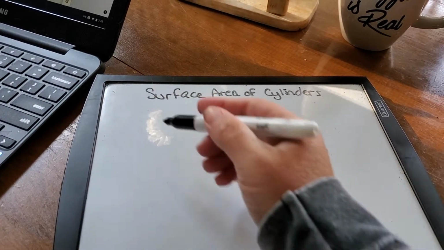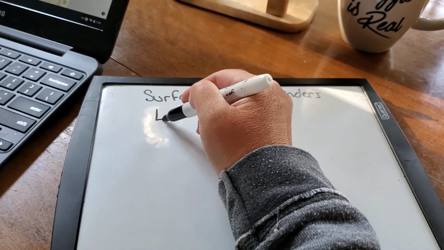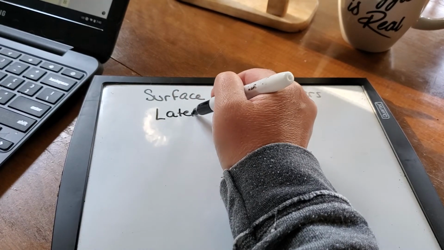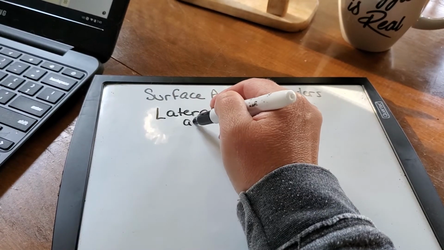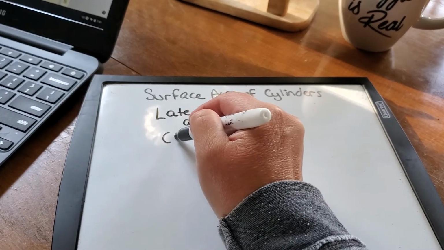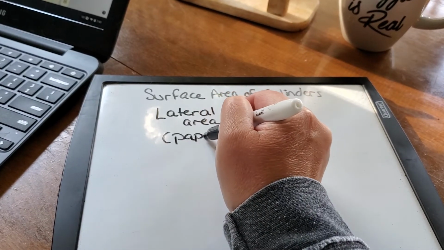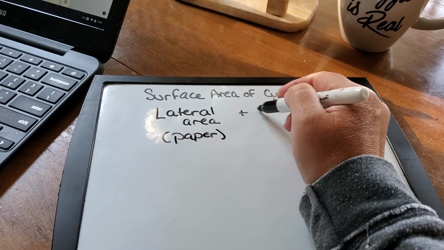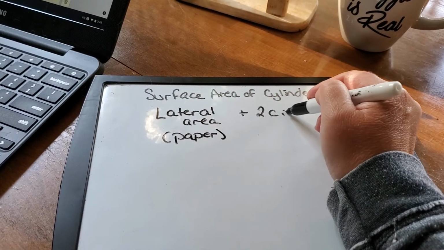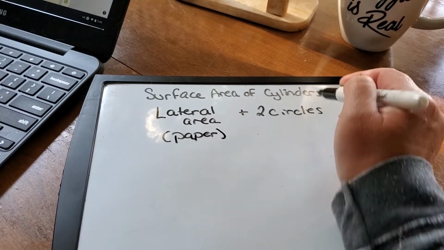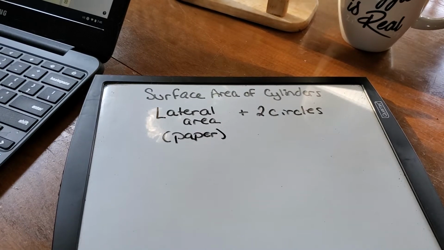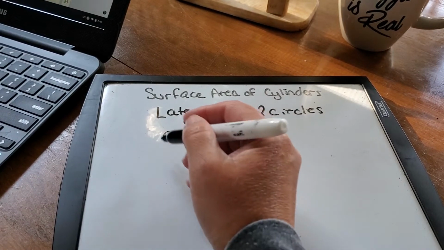Okay, so to find the surface area of a cylinder, we need the lateral area, which is the area around the side of the cylinder, like that paper would have covered, plus the area of the two circles, the top and the bottom. Well, the lateral area was the circumference times the height. The area of the paper was the circumference times the height.